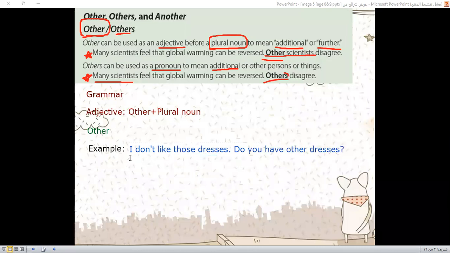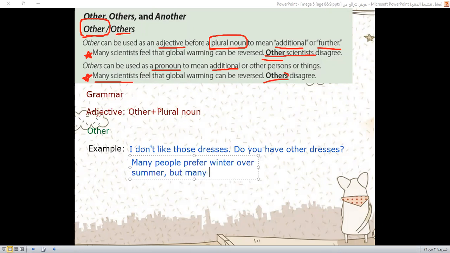Yes, Manar, do you have an example? Many people prefer winter over summer, but other people, very good.